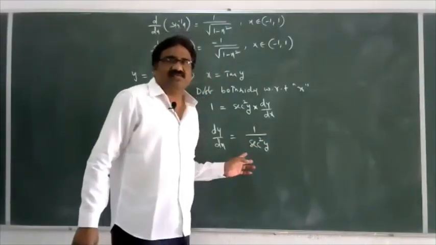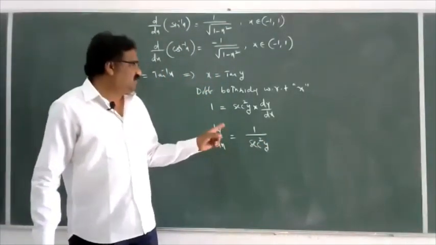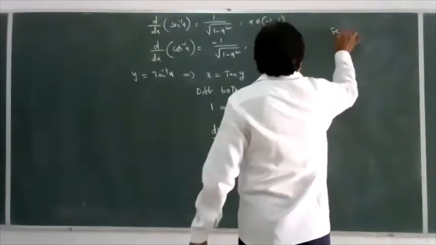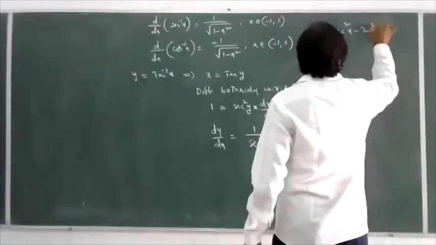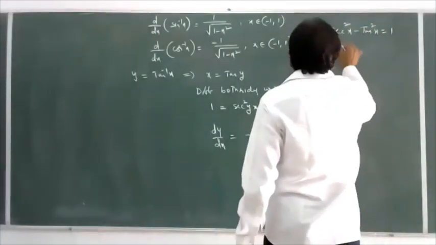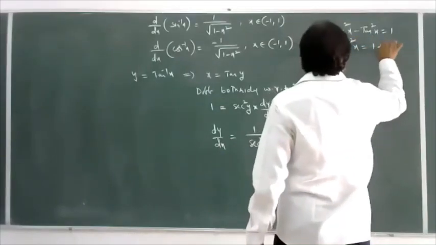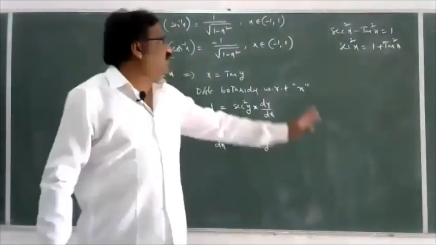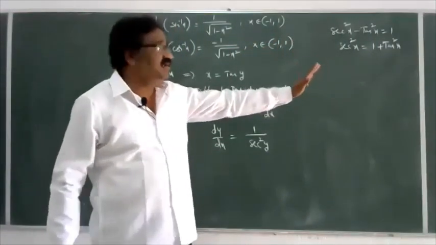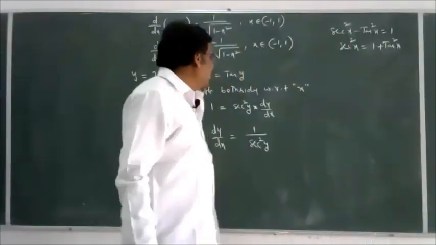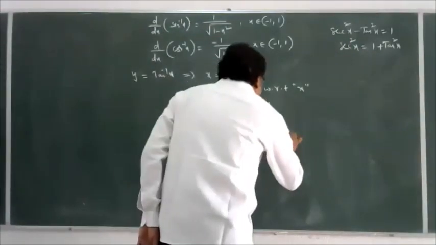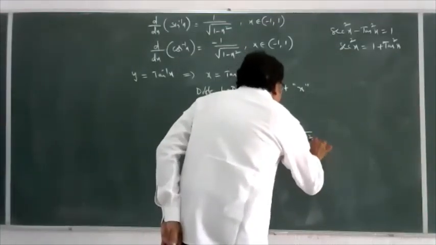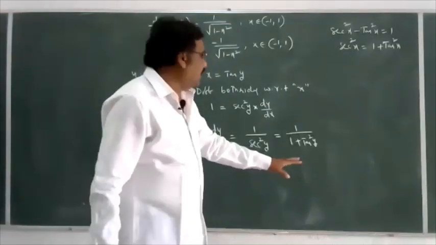Secant square y in terms of tan y: you know the trigonometric formula, secant square x minus tan square x is equal to 1, so secant square x is equal to 1 plus tan square x. Here the secant square y is 1 plus tan square y.